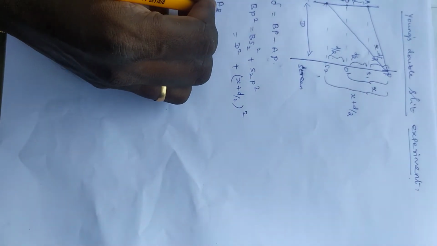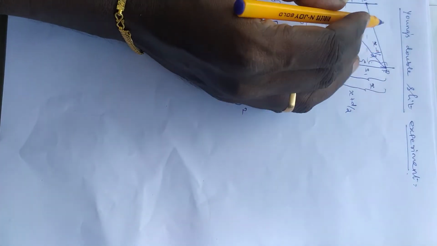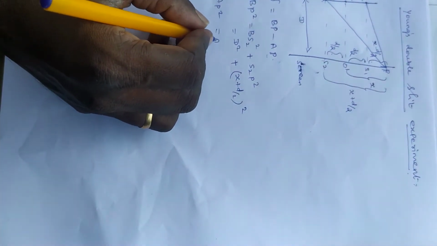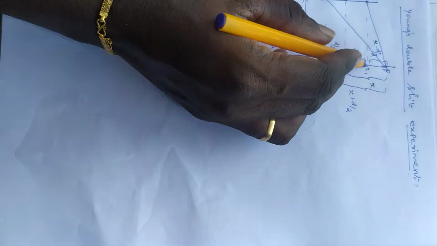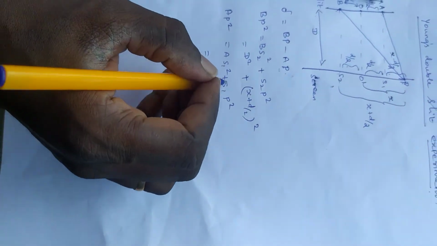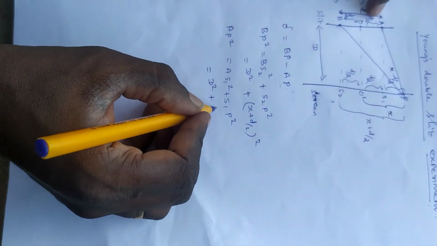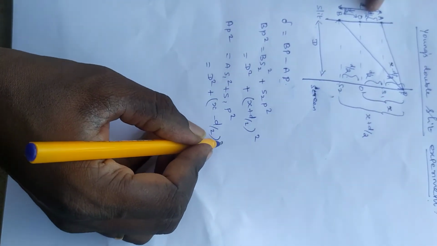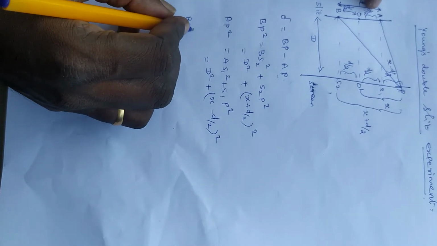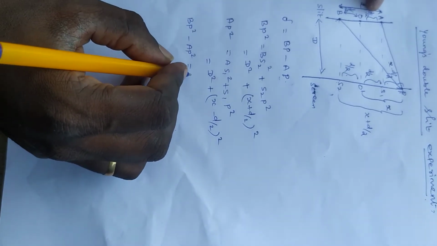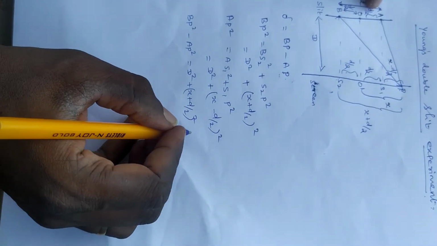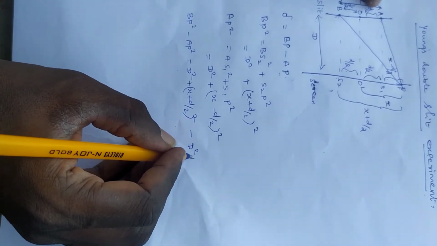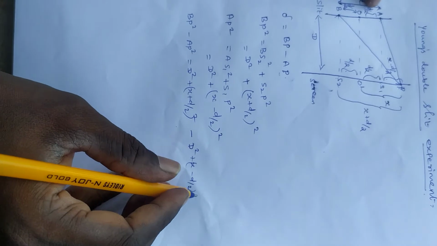Then in triangle A S1 P, AP squared is equal to A S1 squared plus S1 P squared, where A S1 is capital D and S1 P is x minus d by 2 the whole square. Then BP squared minus AP squared is equal to D squared plus x plus d by 2 the whole square, minus D squared plus x minus d by 2 the whole square.